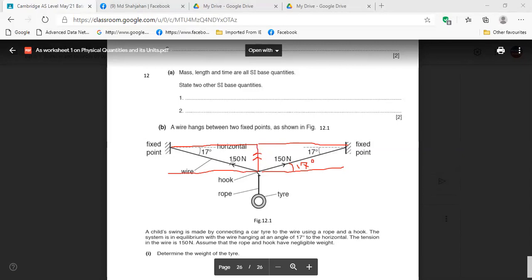So two vertical components are 150 sine 17 degree, right? Listen, the angle is made with the horizontal always. If you check my notes, you will get that this one was theta, this one was P, then it is the vertical component, and this is the horizontal component, right?